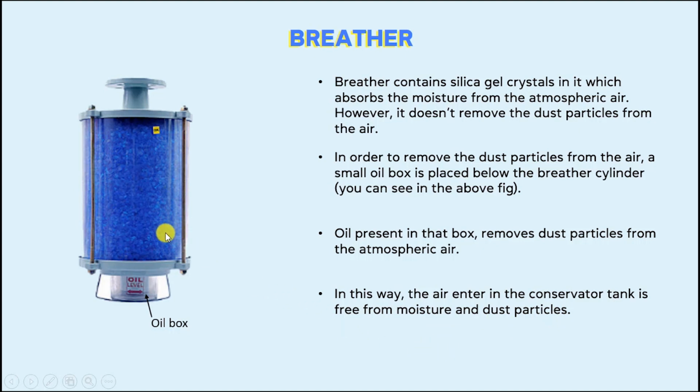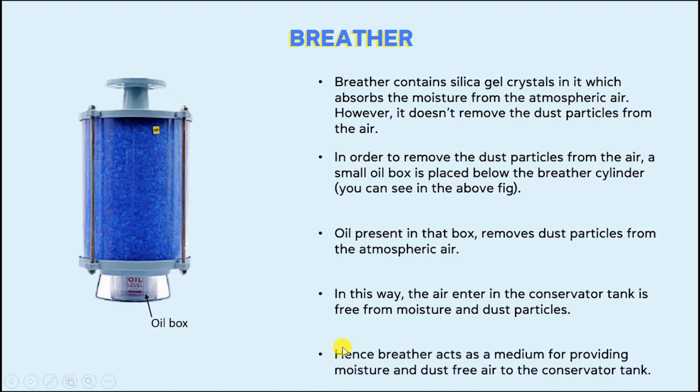So, silica gel crystals remove the moisture, whereas the oil present in that box removes the dust particles from the atmospheric air. Hence, the breather acts as a medium for providing moisture and dust-free air to the conservator tank. This is the function of the breather in a transformer.